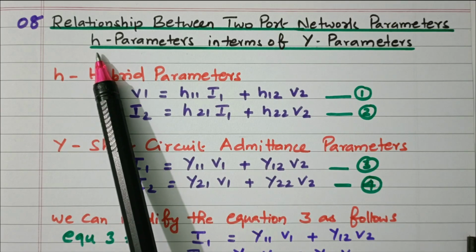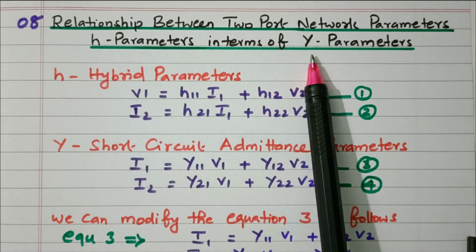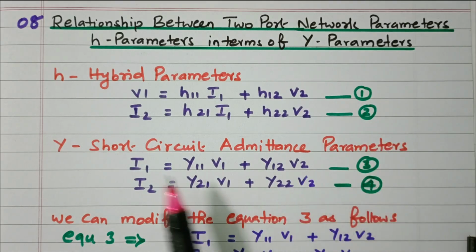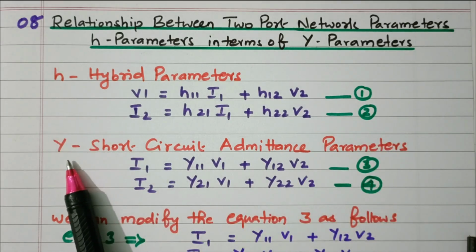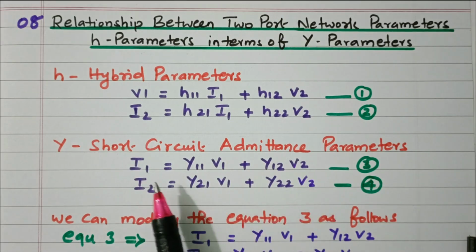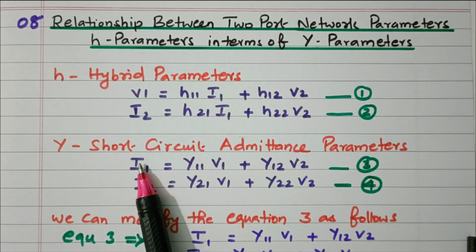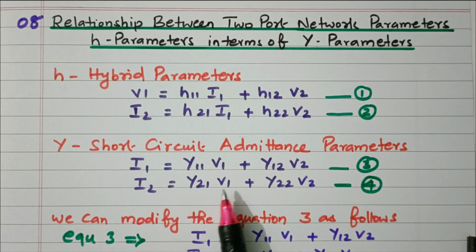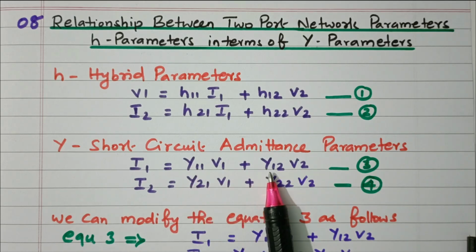So in this video we are going to express H parameter in terms of Y parameters. In the Y parameter, the currents are expressed in terms of voltages. One refers to input port, two refers to output port. So input port and output port currents are expressed in terms of input port voltage and output port voltage. Y11, Y12, Y21, Y22 are the admittance parameters.